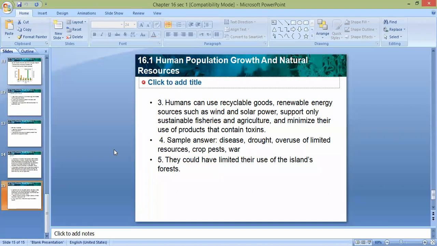These are some ways that we can use the resources in a sustainable way. This question is very important.